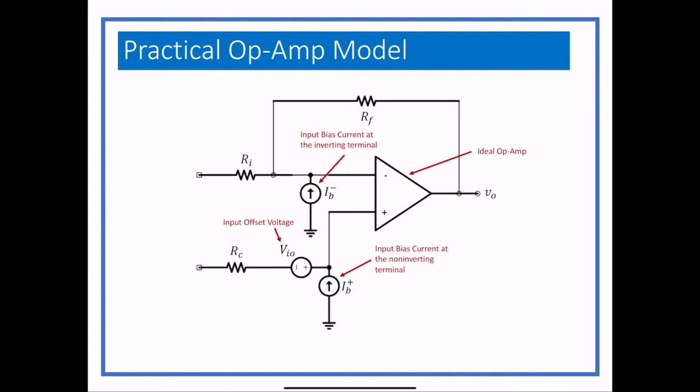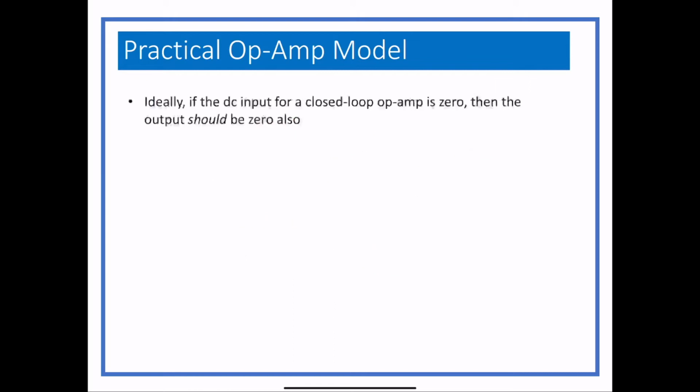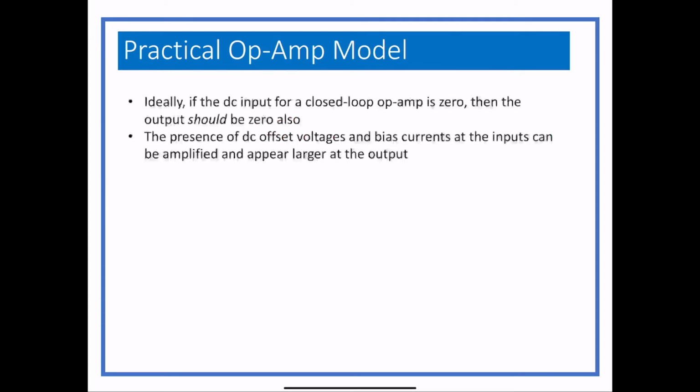But in reality, the presence of those offset voltages and currents can be amplified and appear at the output as a voltage, whether it be the currents, the voltages, or whatever. Now, sometimes they cancel each other out. We would like it if they would cancel each other out completely. And there are ways to make them cancel most of themselves out. So we'll look at that in a minute.